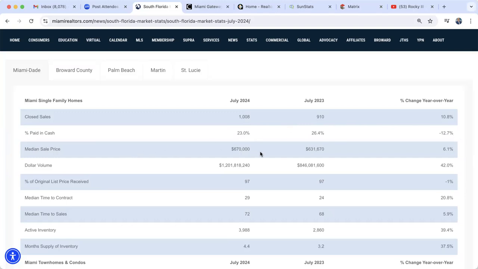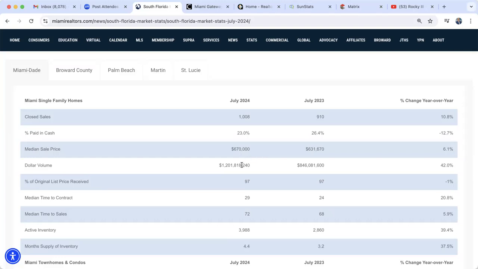The median sales price for a home in Miami-Dade County is $670,000. That is up 6% from the previous year. That is truly amazing, guys. Just 4 years ago, let's say 2020, the median price for a home in Miami-Dade County was around $400,000. So you're looking at a huge increase. We're at $670,000.